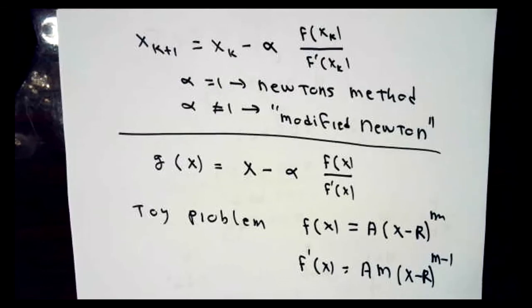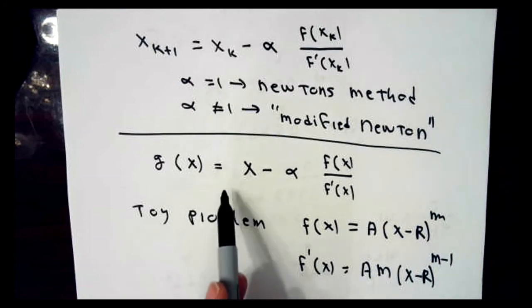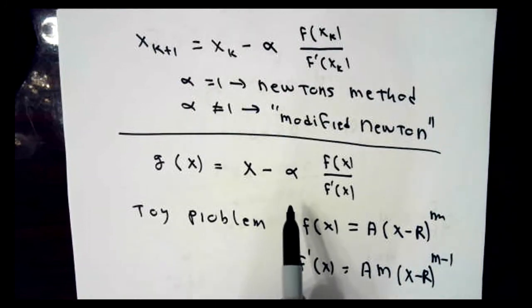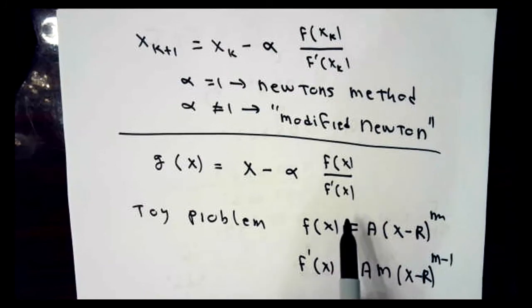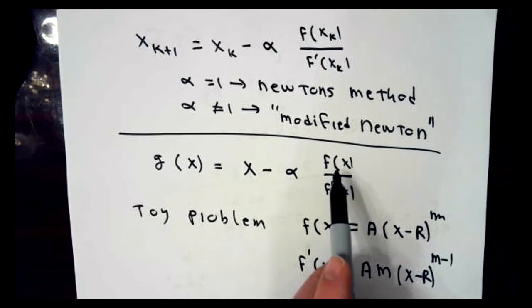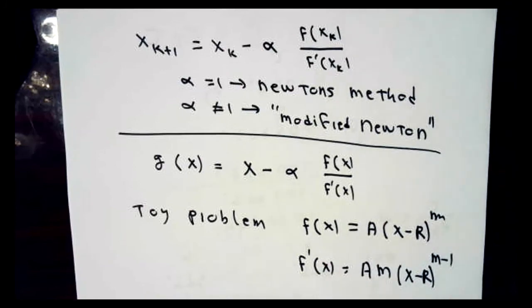So our fixed point function is g(x) = x - alpha, f(x) on top, f'(x) on the bottom. Now, we are modeling the behavior of these methods close to the root of multiplicity m by pretending our function is a(x - r)^m.